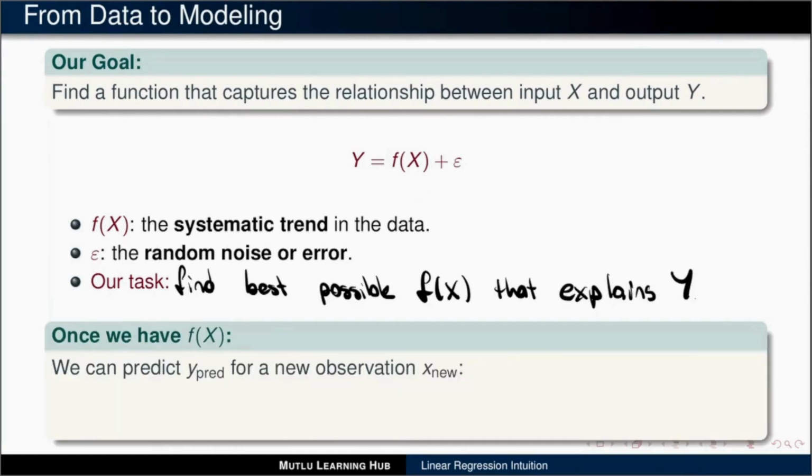For example, given a new input x new, we can estimate its output, the predicted value of y. We also denote it by y hat. That's the power of modeling, turning data into a function we can use to predict and understand future outcomes.